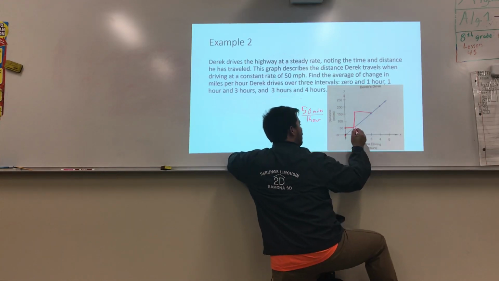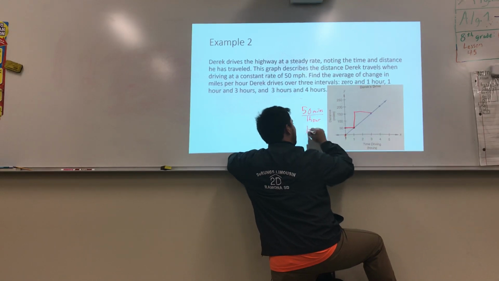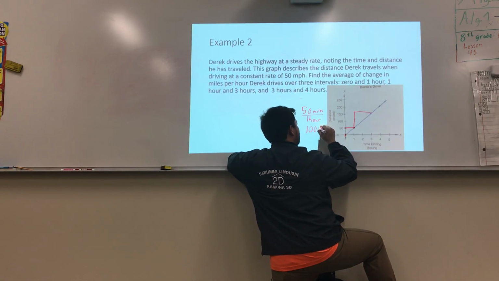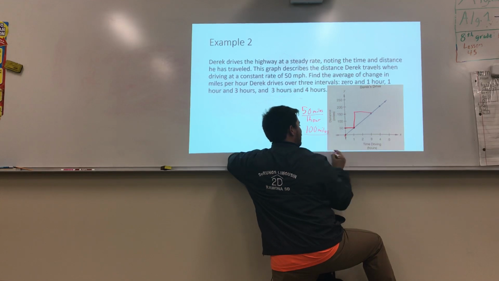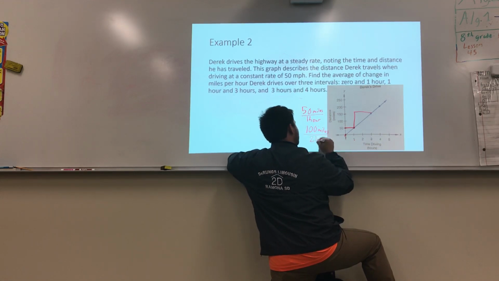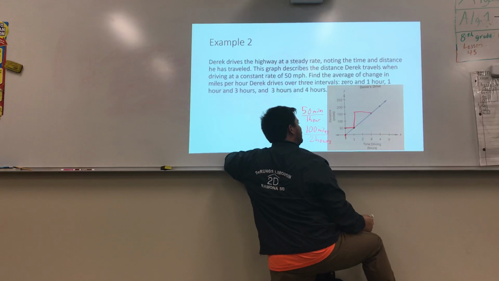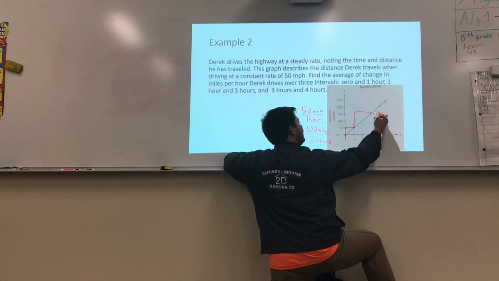Well, we went up from 50 to 150, we went up 100 miles in those 2 hours. From 1 hour to 3 hours, we drove for 2 hours in between those. So then it's that. Now, if you look at this, this will reduce down to that, which is a good sign. It means it's linear and it is proportional.